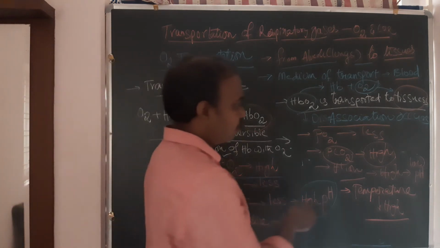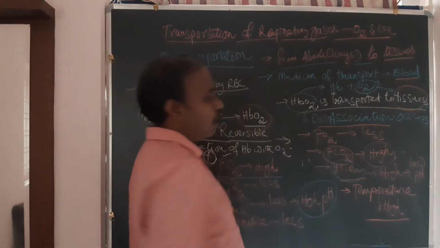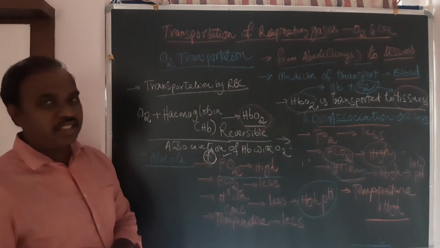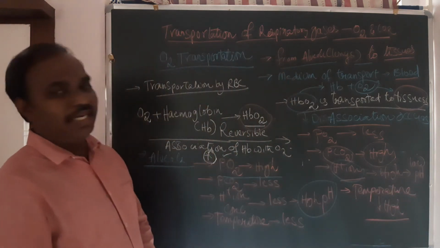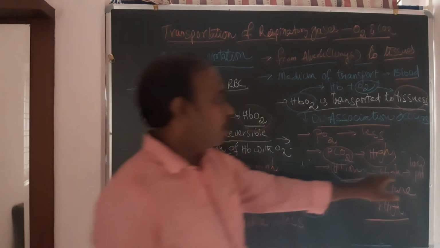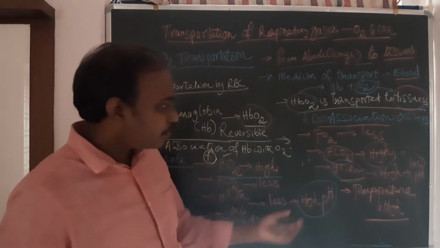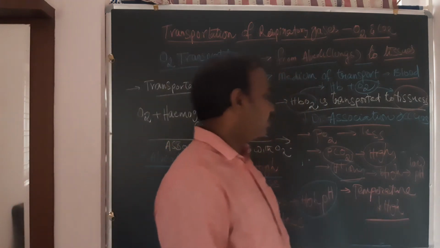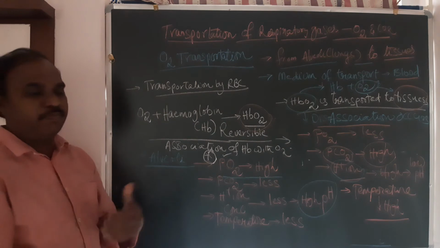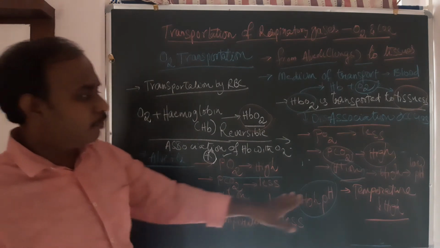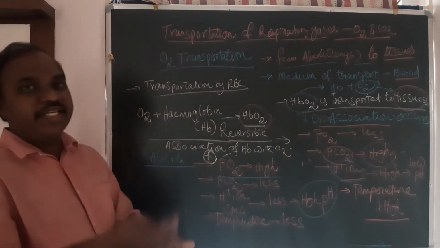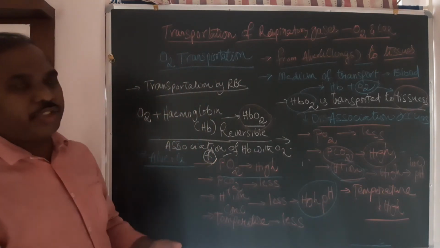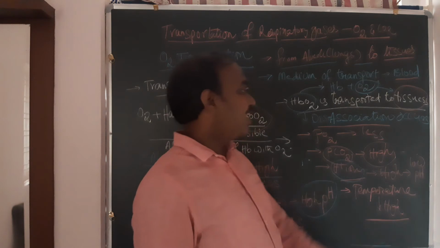As a result, more H plus ions are produced, so you have pH being less. And as a result of cellular respiration, the temperature is also elevated in the tissues.